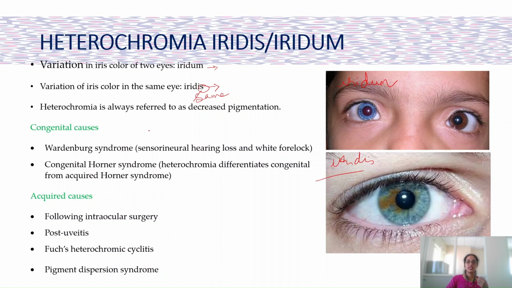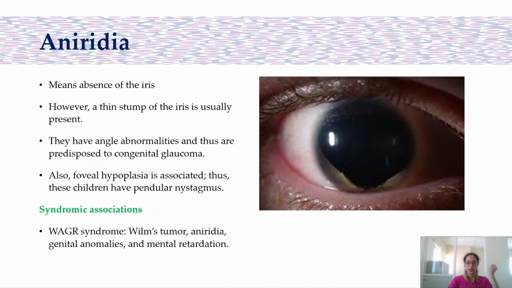Some congenital disorders are associated with heterochromia, like Waardenburg syndrome, which has sensorineural hearing loss and a white forelock, and congenital Horner syndrome, in which there is miosis, ptosis, along with heterochromia. So presence of heterochromia differentiates congenital from acquired Horner syndrome. Other acquired causes are following intraocular surgery, post-uveitis, Fuchs heterochromic cyclitis, and pigment dispersion syndrome, which cause loss of pigments from the iris, giving it a heterochromic appearance.